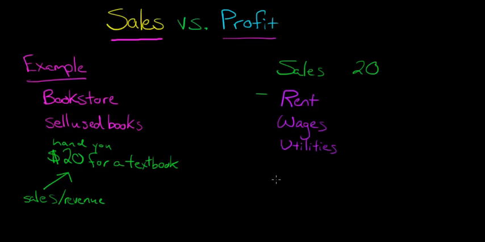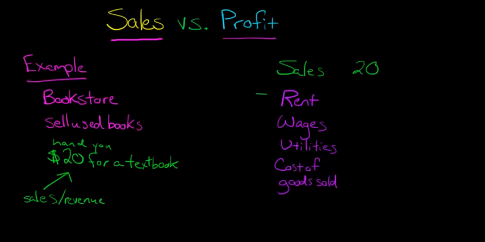We want lights when people come into our bookstore. All these different things. And let's not forget that we had to buy these books to begin with, and that's going to be something we call cost of goods sold. The cost of the thing that we sold. So let's say it cost us $10.